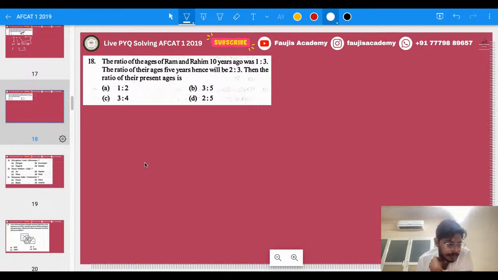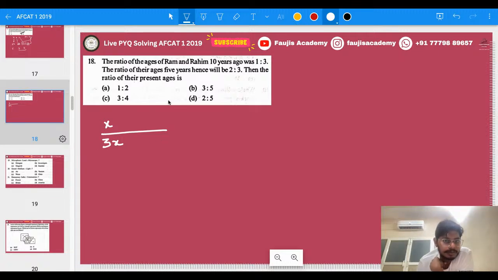The ratio of the ages of Ram and Rahim, not that Ram Rahim. The ratio of ages of Ram and Rahim 10 years ago. Can we say 10 years ago their age was in this particular ratio?